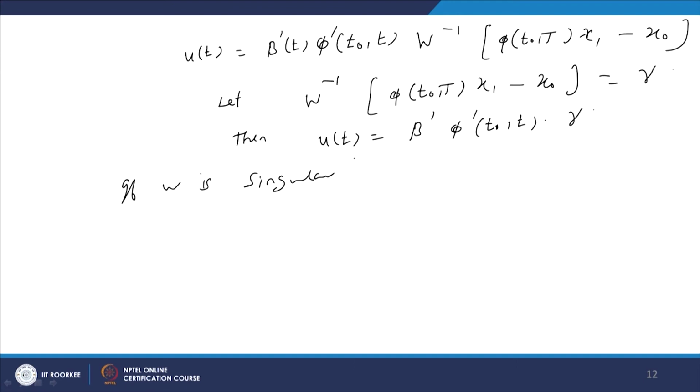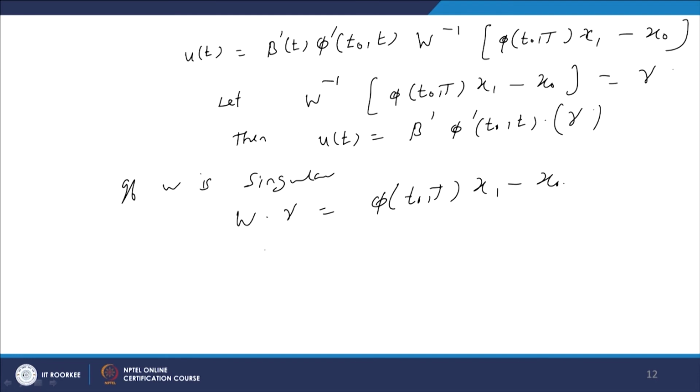then the system is not controllable. In that case, we cannot find gamma in this way, because W inverse does not exist. So, if W is singular, we consider the equation W into gamma equal to phi of t0 to t, x1 minus x0.